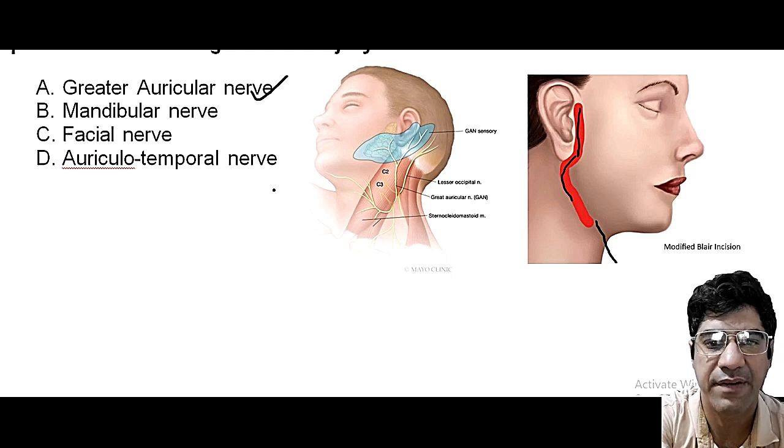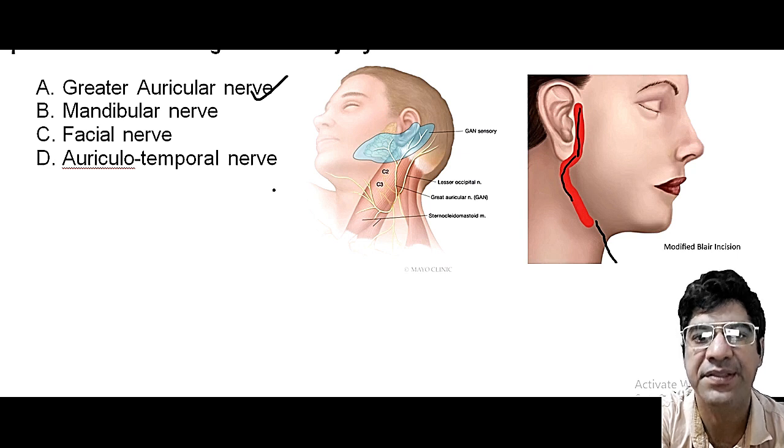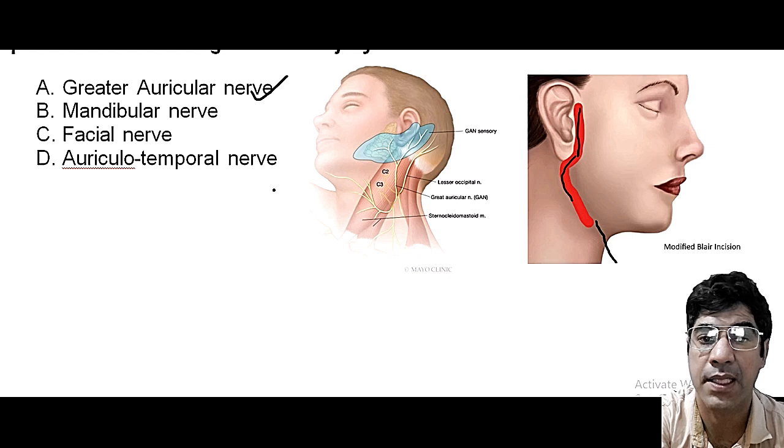Option C, facial nerve. It controls the muscles of facial expression. During parotidectomy, there is a risk of injury to the facial nerve, but that would result in facial weakness or paralysis rather than numbness.